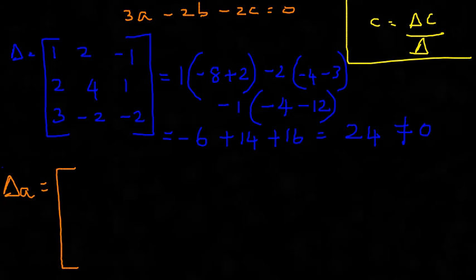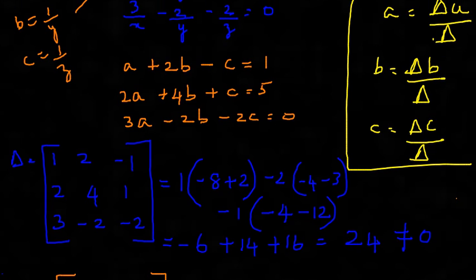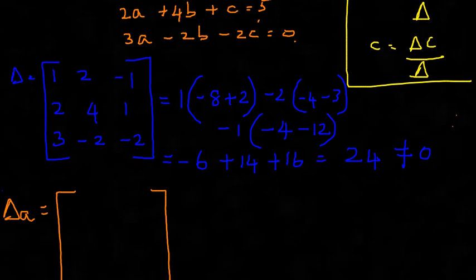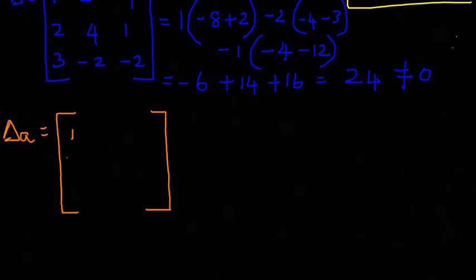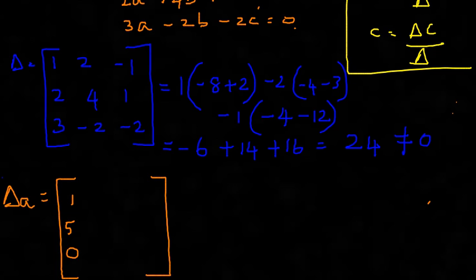When you find del a, in the column of a, you will write the resultant values, 1, 5, 0. In the column of b and c, it will be the same values. Only in the column of a, we should put the resultant values. So it will be minus 1, 1, minus 2 in the third column. Now, shall we find this out?